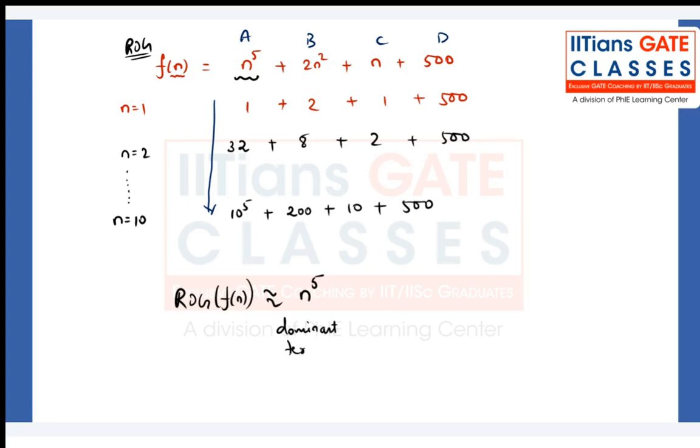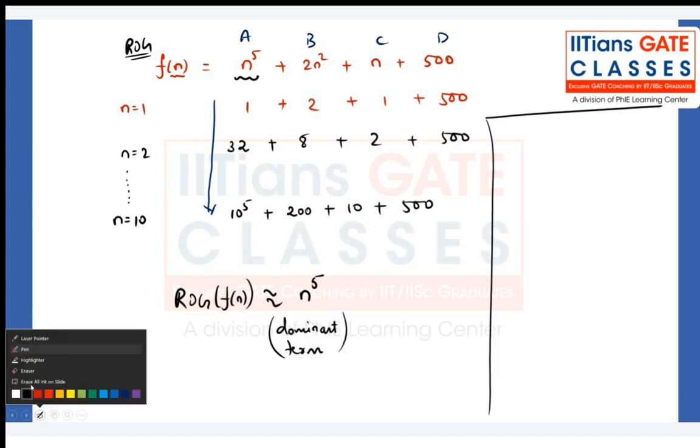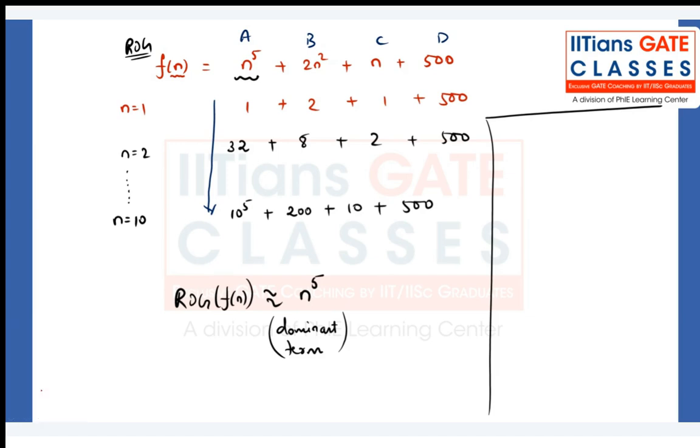With respect to this term, the growth in the other terms is very less significant. Correct? So this is how you would calculate rate of growth. You see the dominant term, and whatever is the dominant term will be part of your rate of growth. We are going to practice this a lot in algorithms and data structures as well, but these are some things we should know.